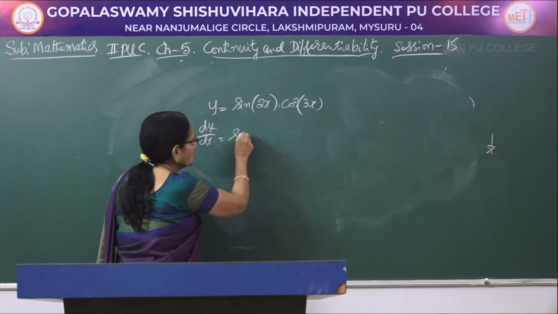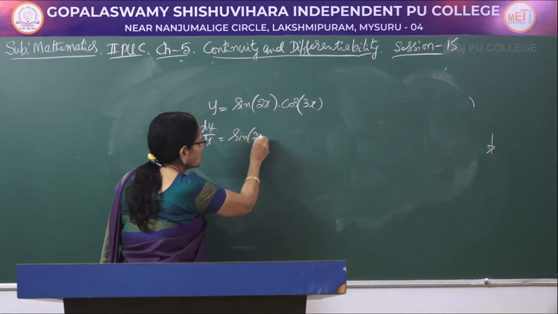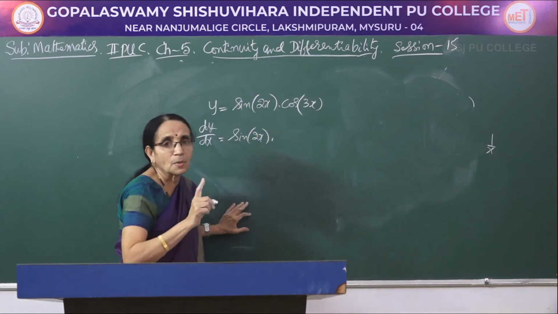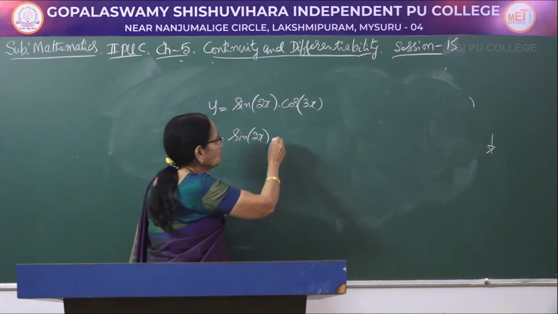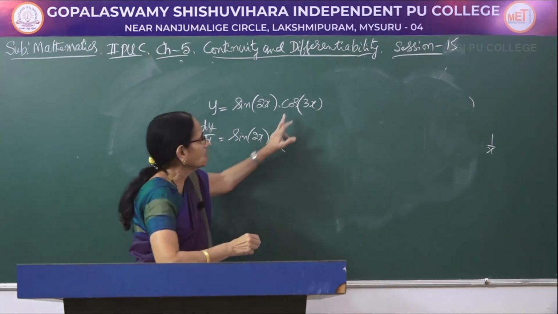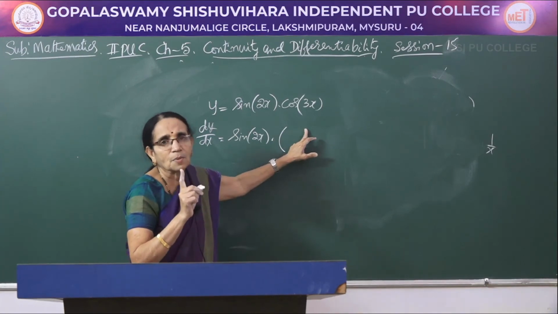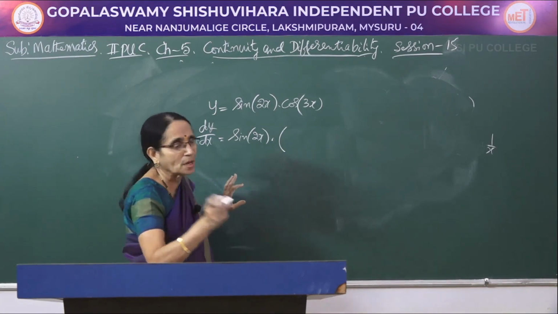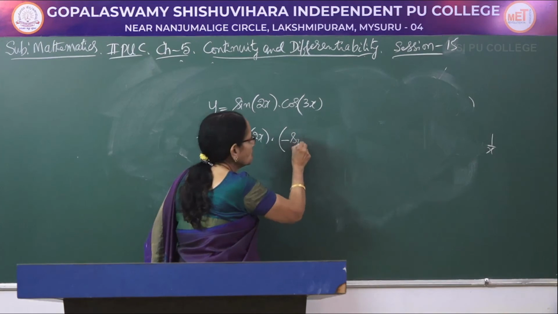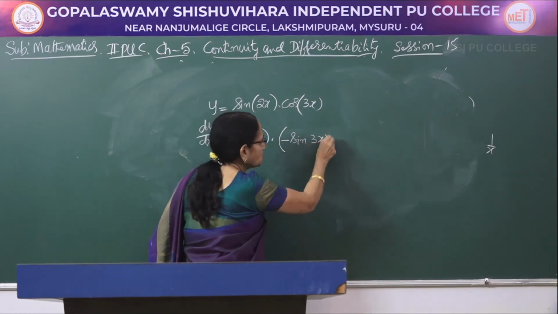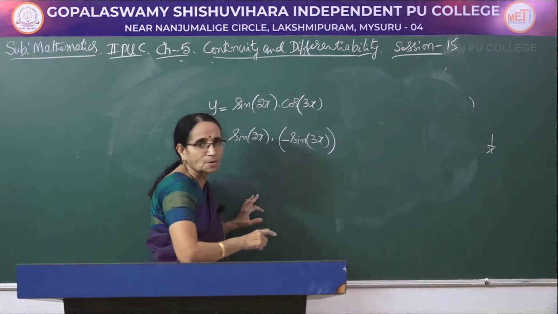First function, what's the product rule? First function into the derivative of the second. Now better write inside the bracket because it has got a minus sign. Cos of x, what's the derivative? Minus sin of x, that is minus sin of, in the place of x, it is 3x.